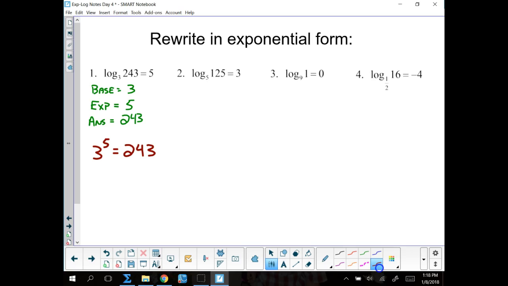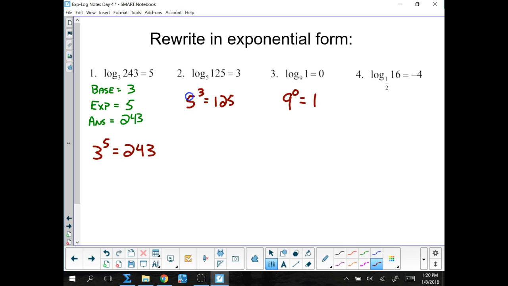You try the remaining 3. Second one, what do we got? 5 to the third power equals 125. Okay. Third one, 9 to the 0 power equals 1.